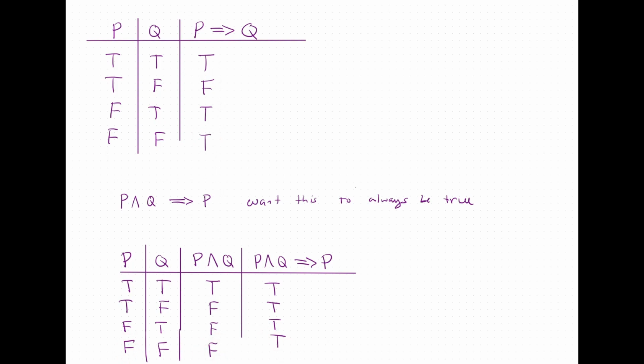As a consequence, we have the following. From a false premise, we can deduce anything.